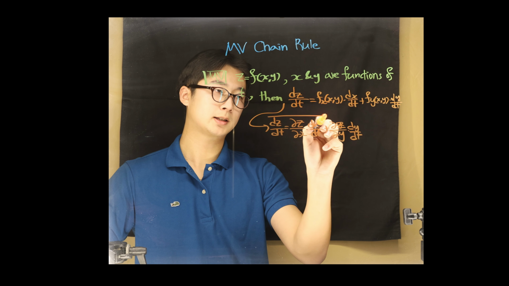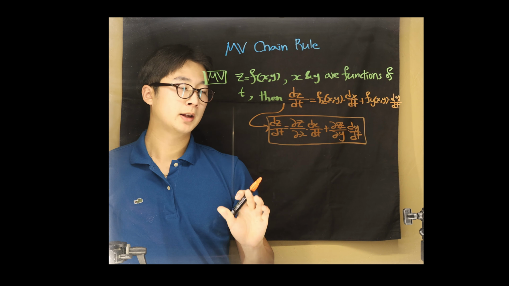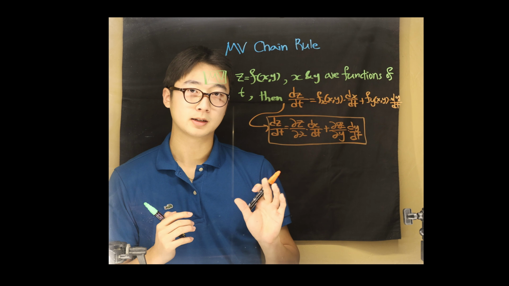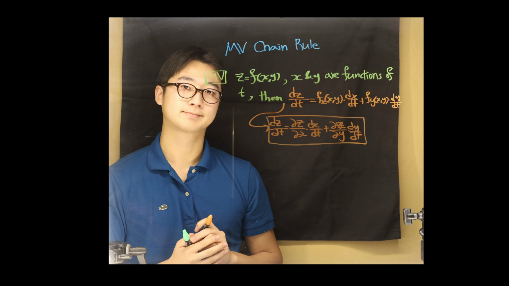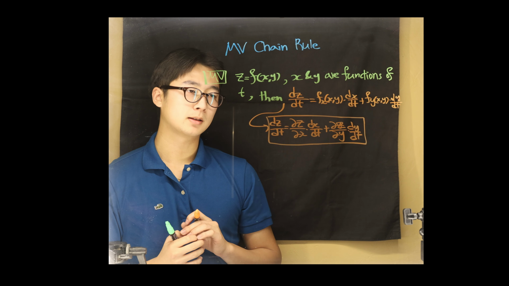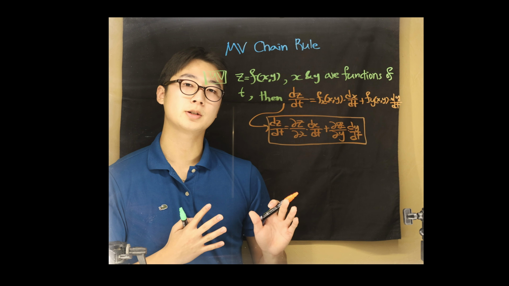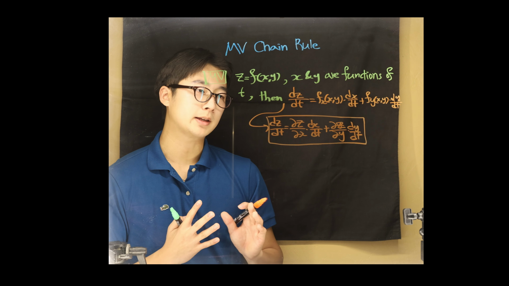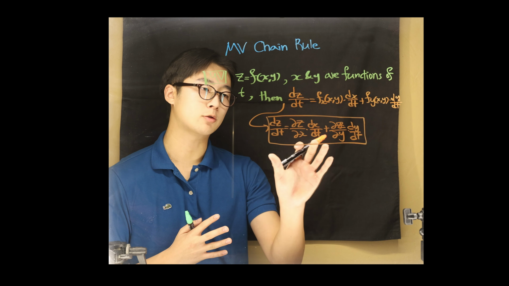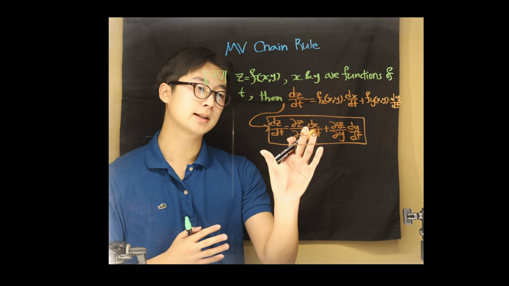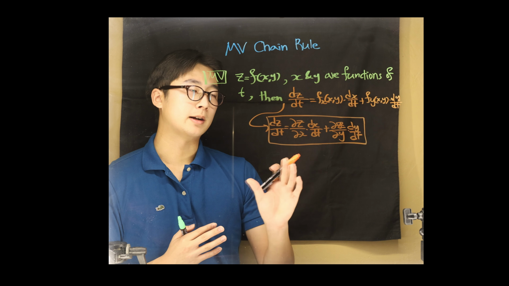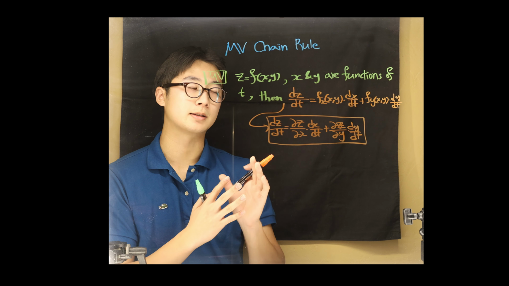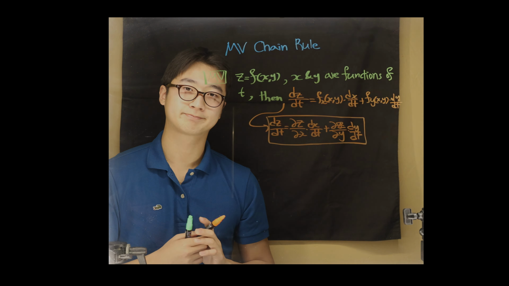And this is the mathematical formula of the chain rule in multivariable space. And now let's talk about the intuition, like how we get this final equation, why this is the formula when there's a dependence in functions.